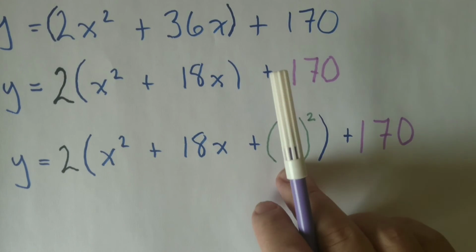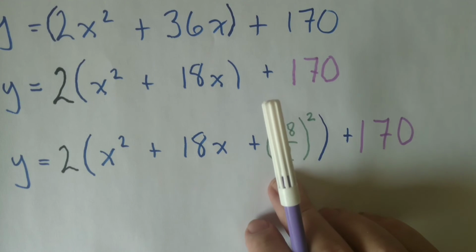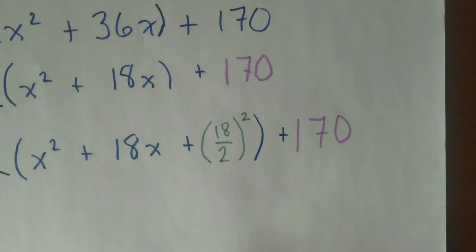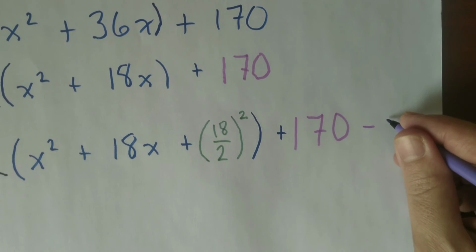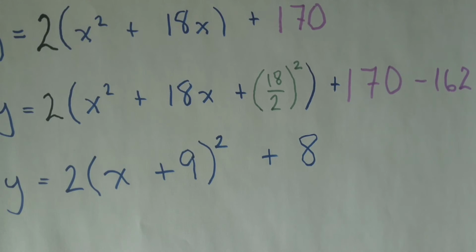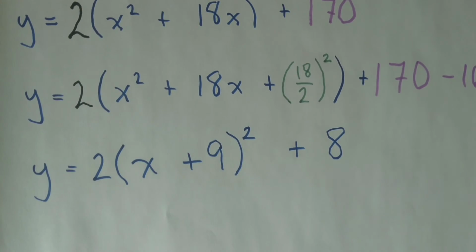And we added 162 in here, which is 81 times 2. So we're going to have to subtract 162 out here. So we've successfully completed the square, and now we have it in vertex form.